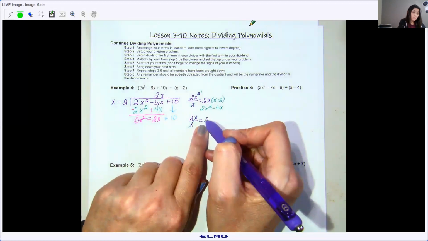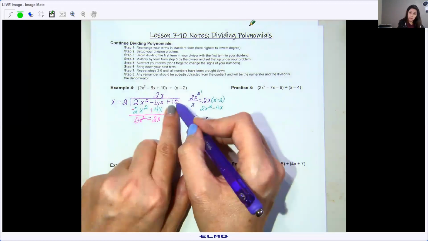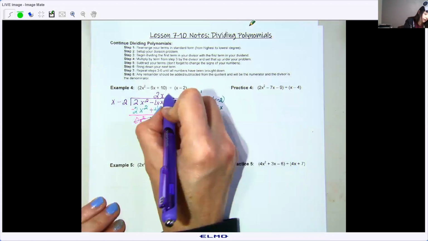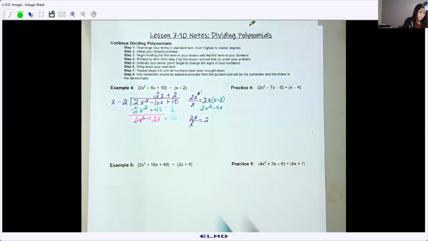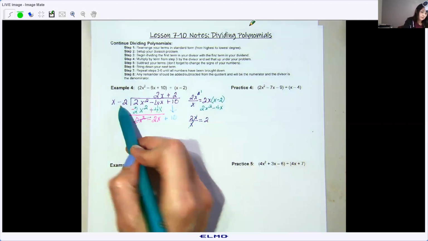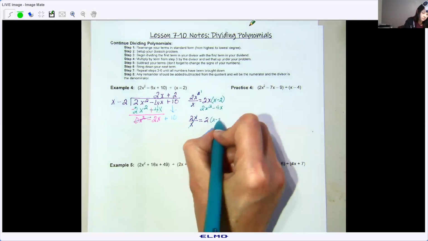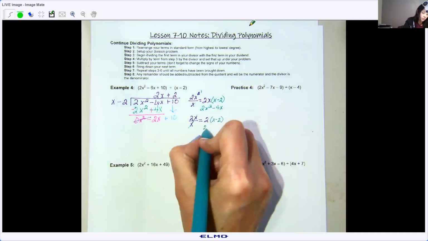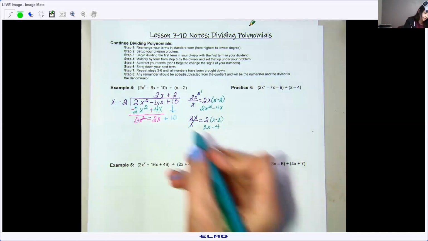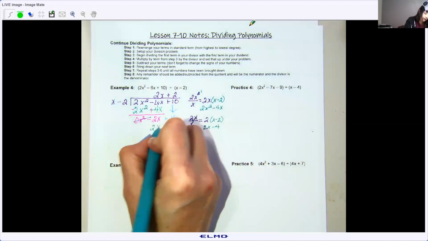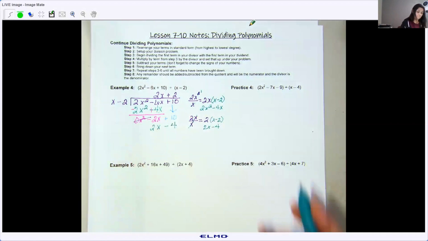So I'm going to take this negative 2 and I'm going to put it up here, as a minus 2. Now I'm going to multiply. I multiply 2 times x minus 2. Using the distributive property, I have 2x minus 4. So I write that here, 2x minus 4.